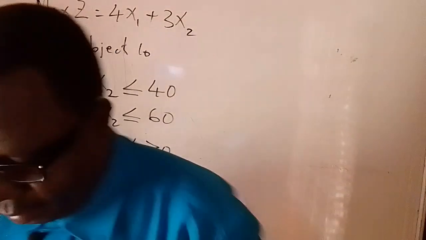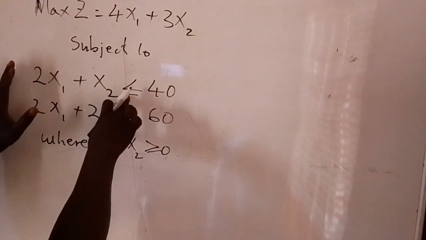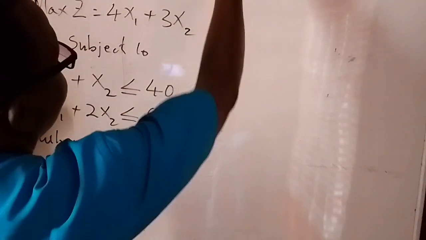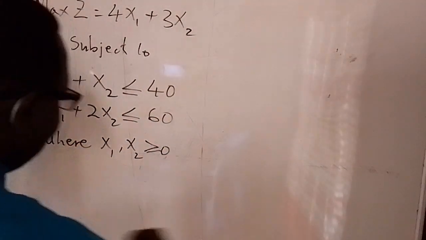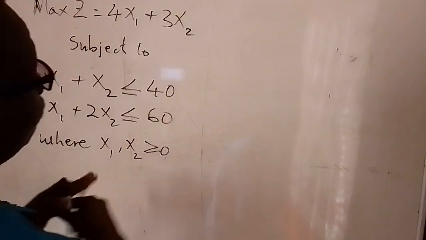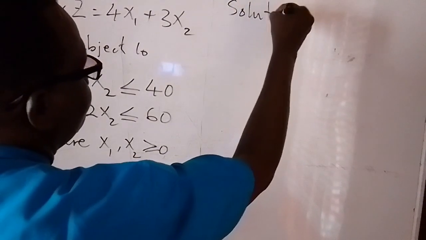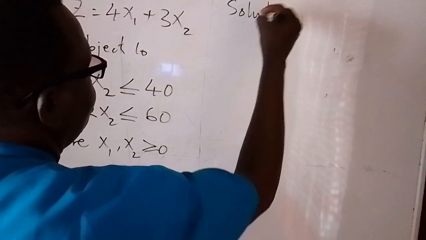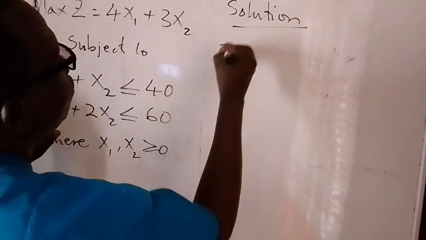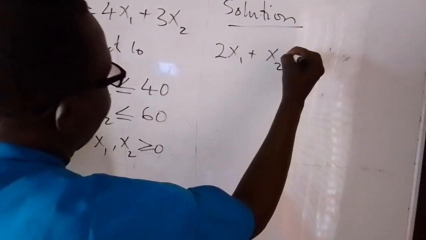First, we change the two equations into equality sign. The inequality has to be changed into equality sign. Now, in equation 1, we have 2x1 plus x2 is equal to 40.